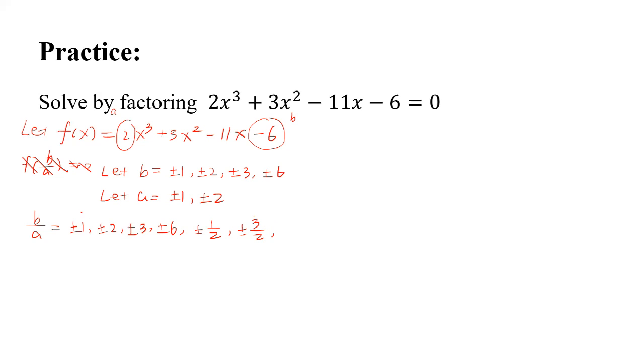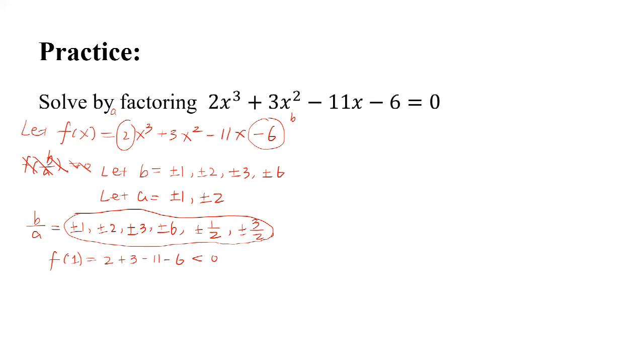So you need to check these values to see if any of them can make f(x) be 0, right? So let's usually check from the easiest value. So f(1) is 2 plus 3 minus 11 minus 6, which is below 0, right?